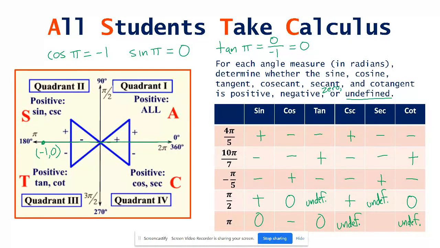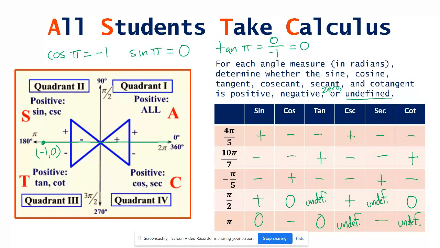Our secant is going to follow the cosine. If our cosine is negative, the secant is also negative. So we don't have to do anything weird with that. So that's kind of the key thing. We have the "All Students Take Calculus" rule that tells us where the sine, the cosine, the tangent, and by extension, the cosecant, the secant, the cotangent are positive and negative. But we also have these angles that hit the axes, and we can get 0 and undefined.